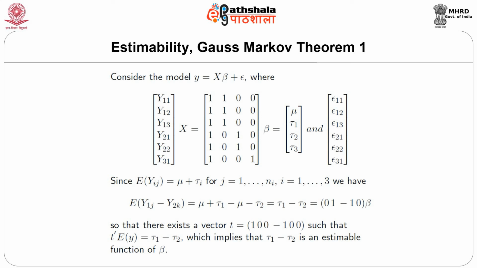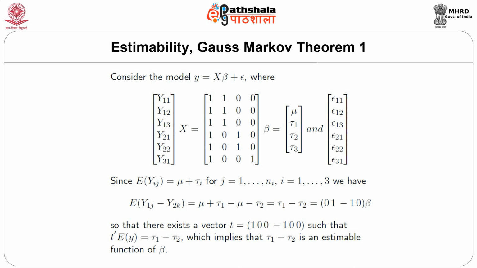The third column is as shown, 3 zeros, 2 ones and 1 zero. The fourth column is all zeros except the last one, which is equal to 1. The beta vector equals mu, tau 1, tau 2, tau 3, and the epsilon vector is given by epsilon 11 to epsilon 31.